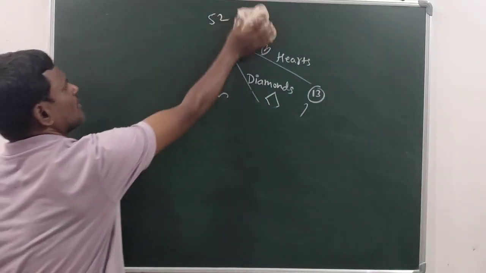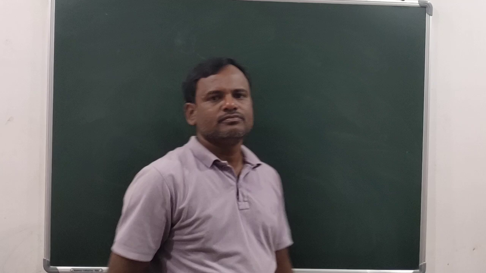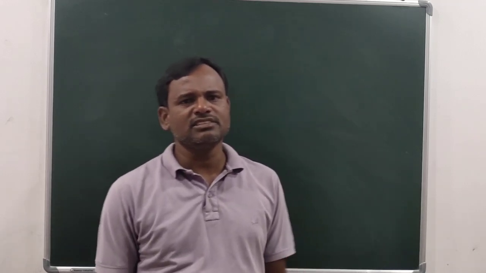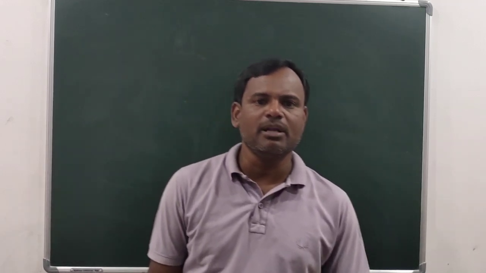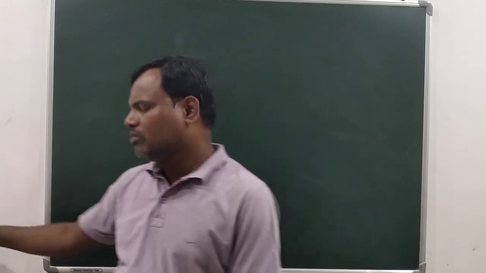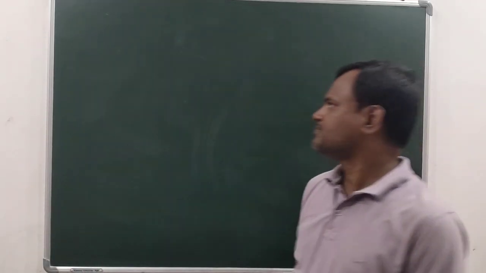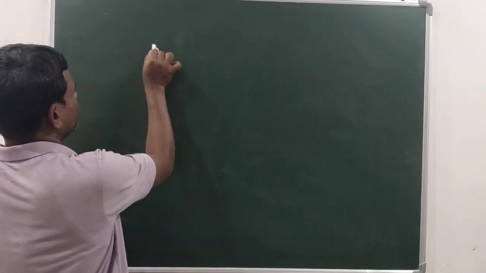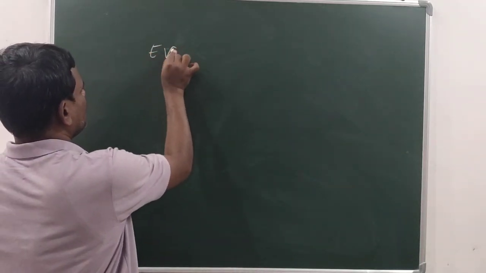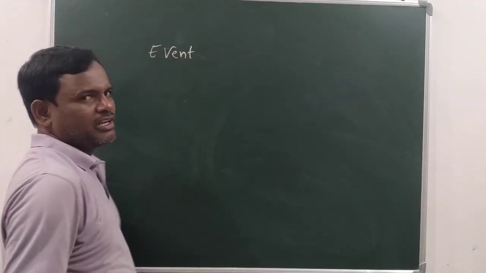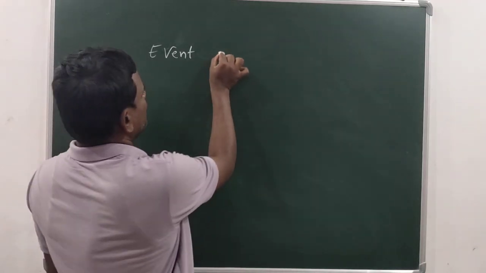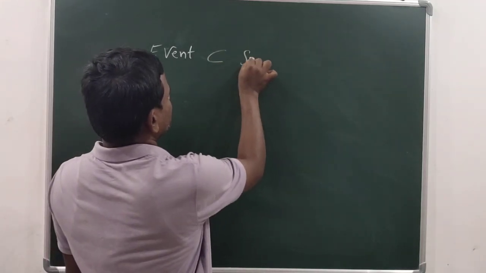Sample space means which contains outcomes of a random experiment. Now let us go to the meaning of an event. Event. Here in this chapter, event means subset of sample space.